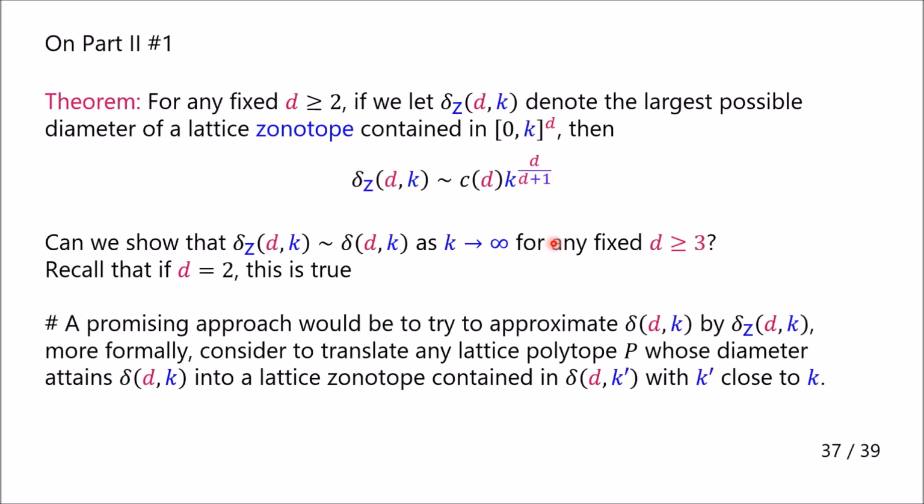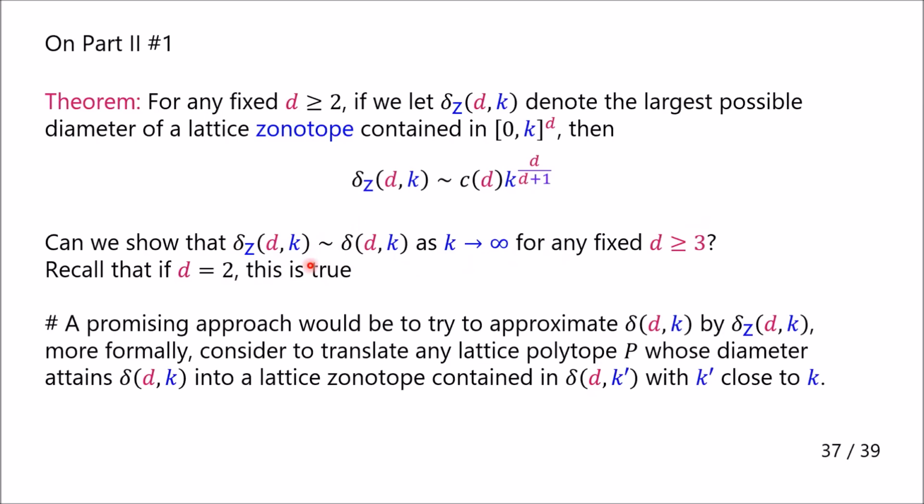Finally, I'd like to introduce some open problems on part 2. So this is the main theorem of our paper, and we show that the asymptotic estimate of delta z dk, the value for lattice zonotopes, is the same as that of delta dk for general lattice polytopes in dimension 2, but we are not sure this holds in higher dimensions.